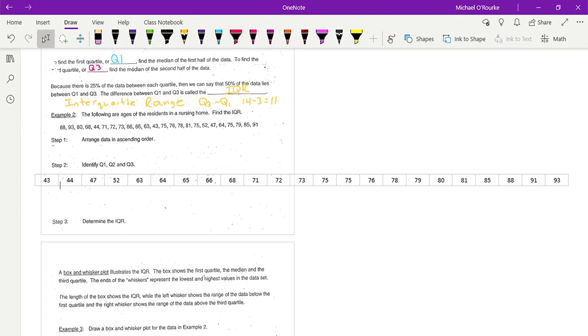No, this is a new question. This is a new example. Yeah, I want you to write them down in order so then you can do the calculation. I'd much rather spend my time doing other things than waiting for you guys to write down numbers in order. If we have to teach you how to write down numbers in order, we have bigger issues in learning this part.